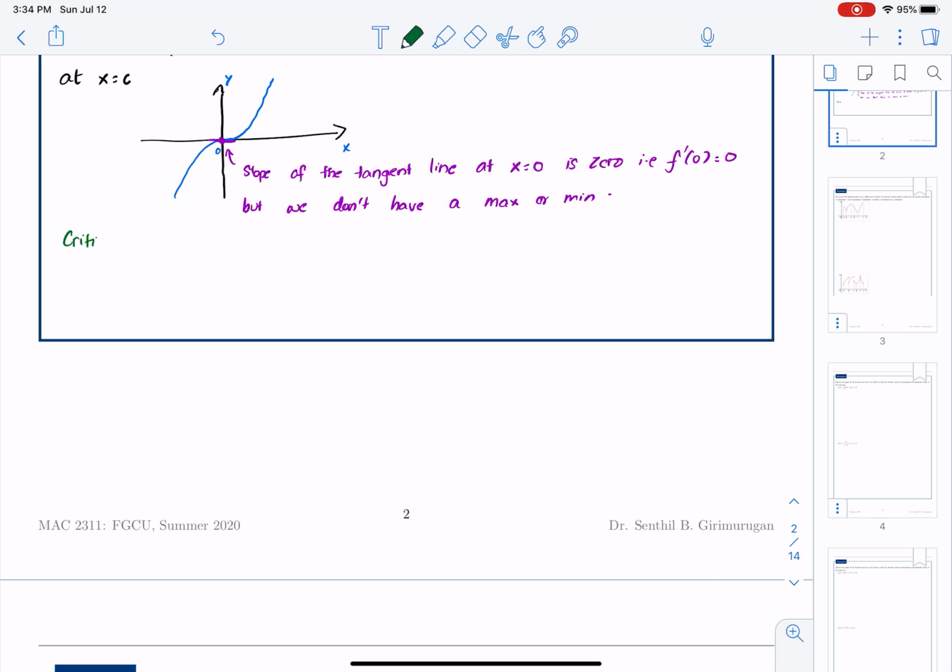One of the things that we use to find local minimum and maximum are called critical values or critical numbers.